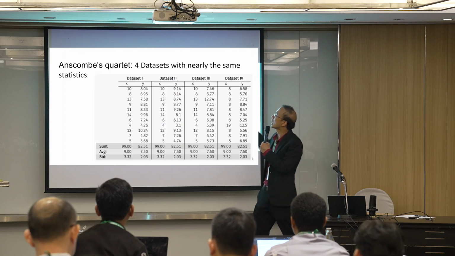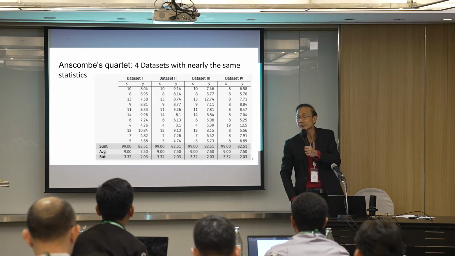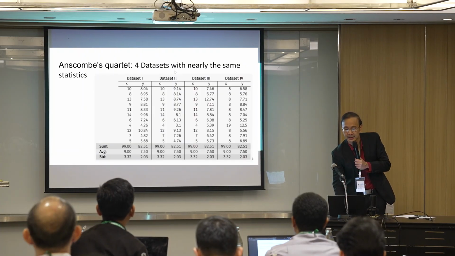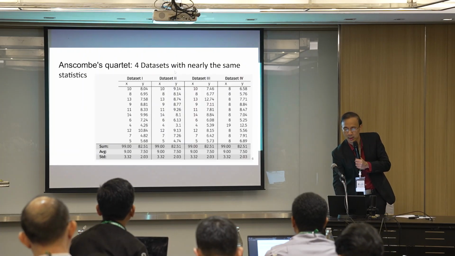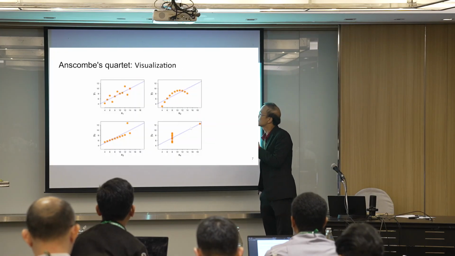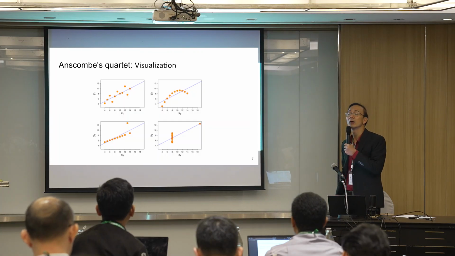But when we try to summarize and analyze data with statistics, sometimes it's not that easy to visualize the data, okay? That's why if we do the plot, we can see that it's totally different types of data, right? So that's a good thing about visualization.